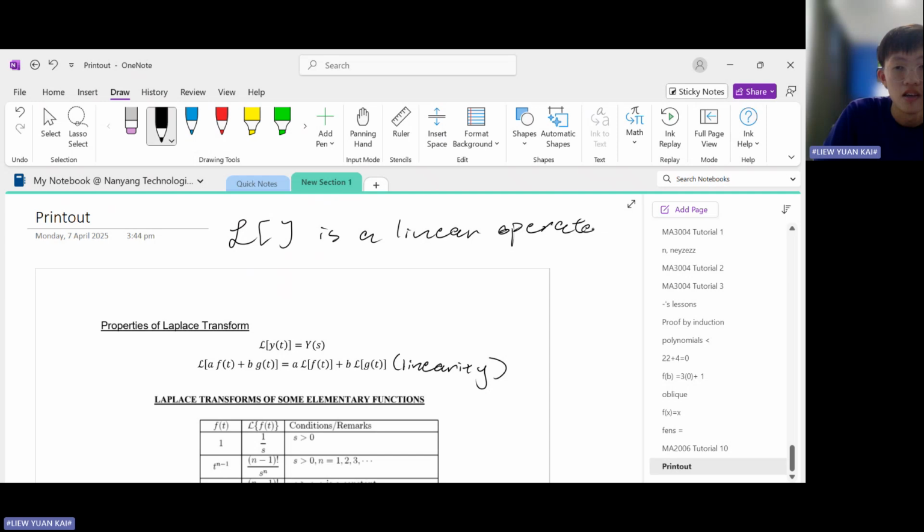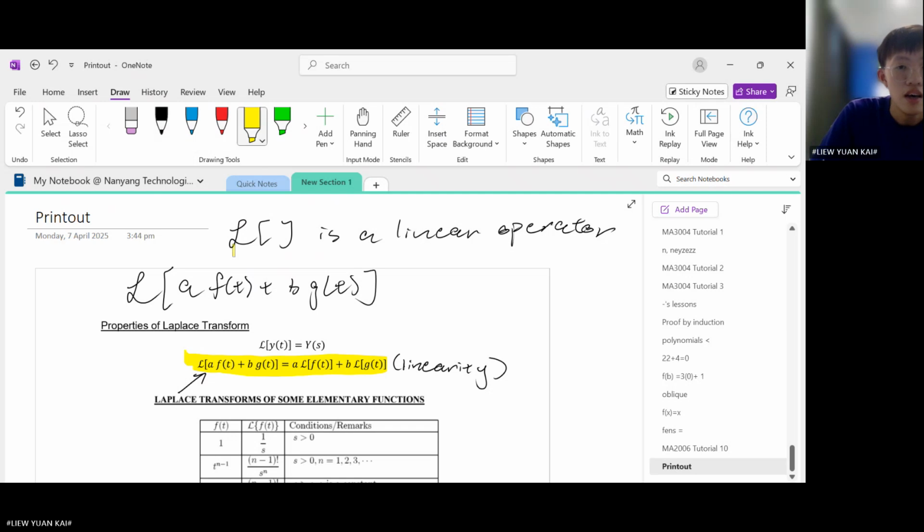So what does it mean to be a linear operator? If it's a linear operator, it satisfies this property. Let's focus on the left hand side first. On the left hand side, we have a times f of t plus b times g of t.